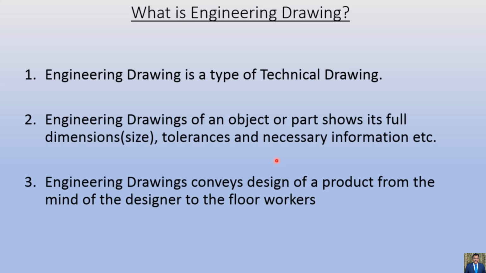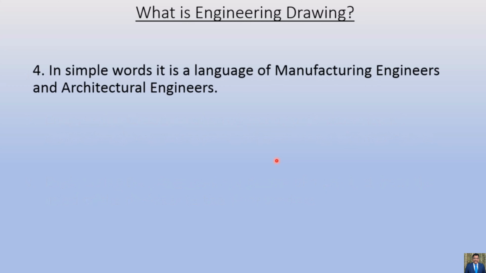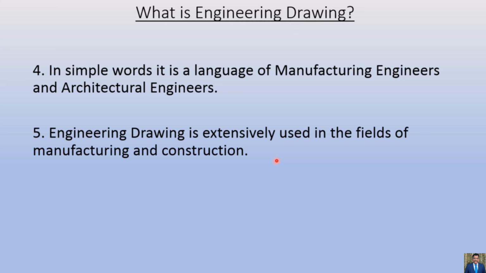These drawings are drawn by using the rules of engineering drawing in such a way that they can be interpreted all around the globe. So in simple words, we can say that engineering drawing is a language of manufacturing and architectural engineers. That is why it is extensively used in the field of manufacturing and construction.